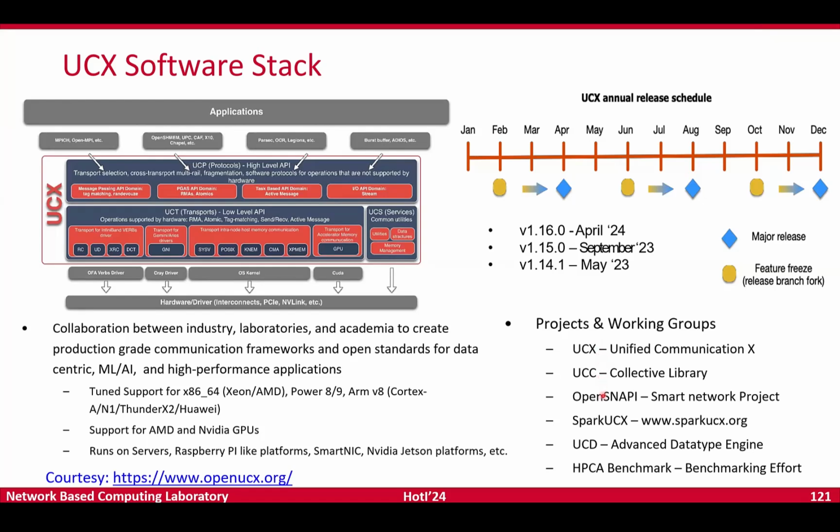So they have UCX, UCC, OpenSNAPI, even some Spark UCD. They have all these components for a complete stack. And this is heavily optimized for Mellanox InfiniBand. You can also support RoCE here, but other networks like Slingshot and all, you cannot do. There is a port out there. People have contributed, but not.